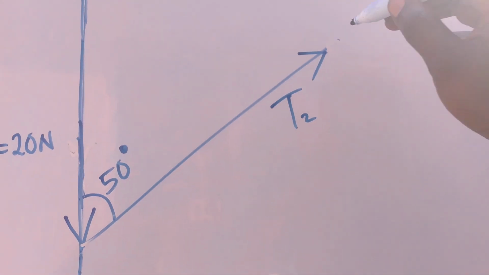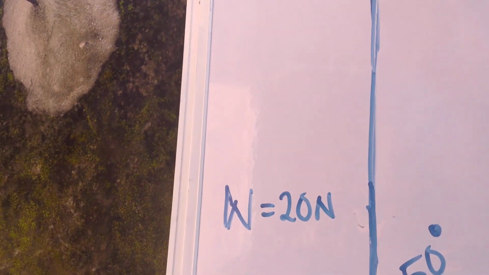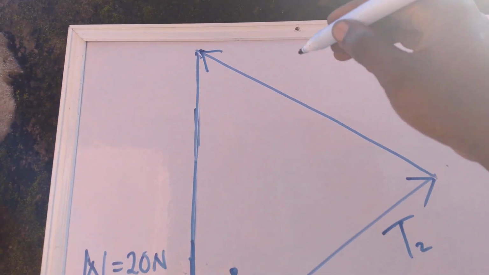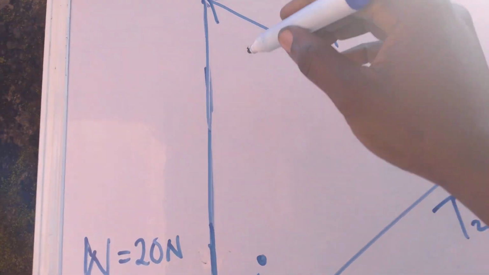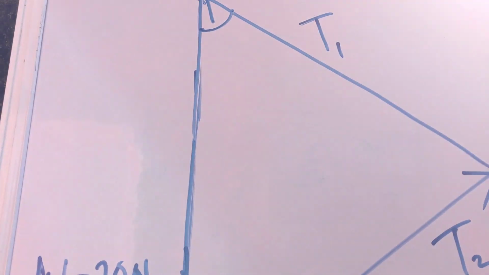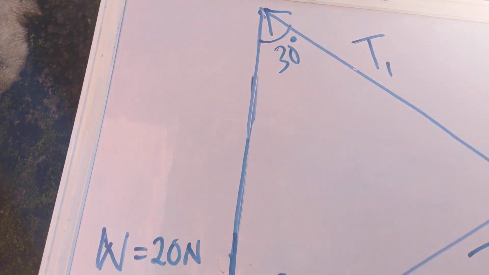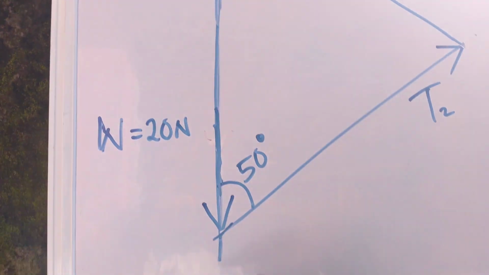I'll come back here, I'll join it here at the head of this. Call this tension T1, and the angle there was 30 degrees. Okay, so that is it. That is a simple diagram.